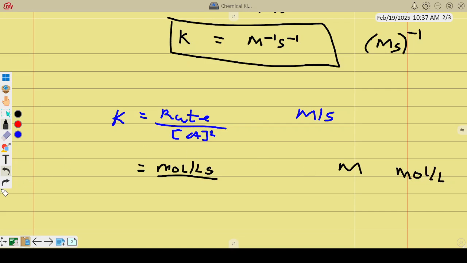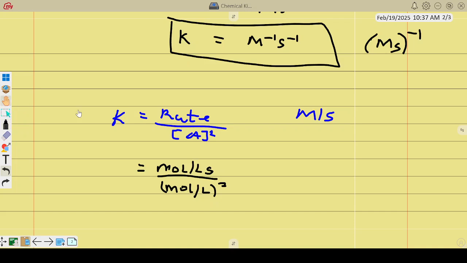Remember the units are important. You can only know one form, and then they give you something else and you are stuck, yet you knew everything. So the concentration for A is mole per liter, and then it's squared.